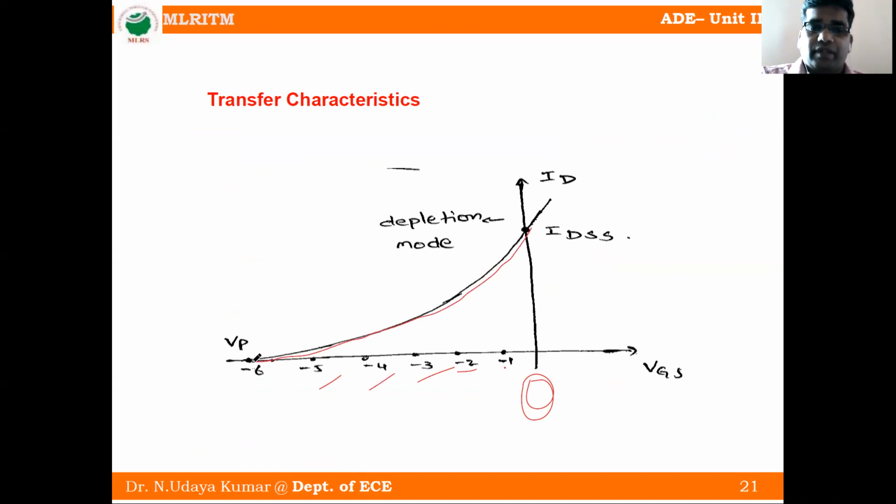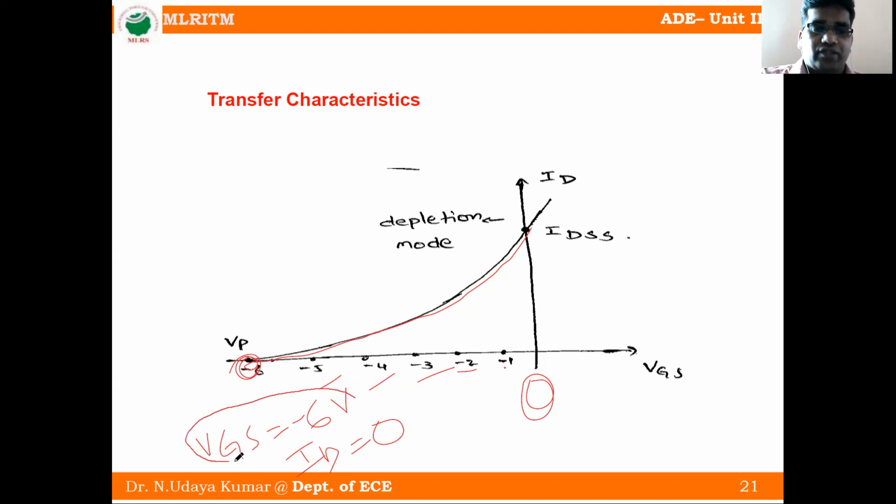After some time, the ID current is 0. This point we call VP, which means pinch off voltage. Whenever VGS is equal to -6 volts, the ID current is equal to 0.